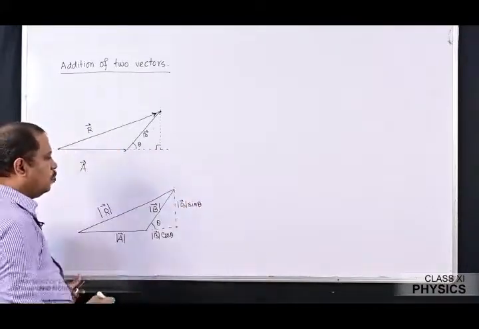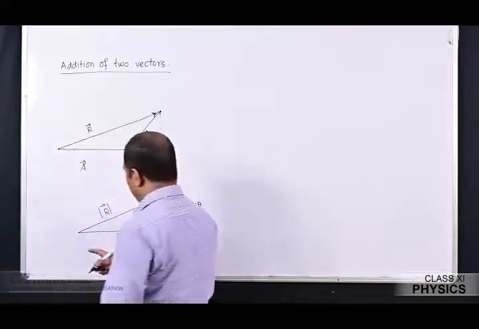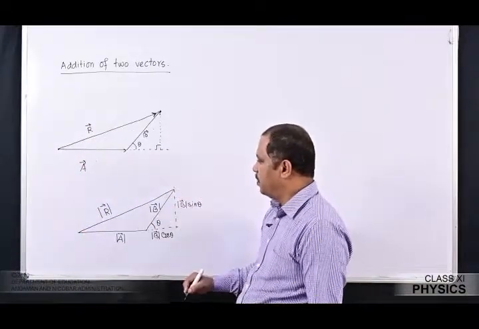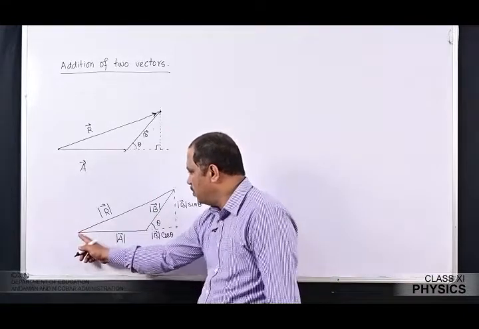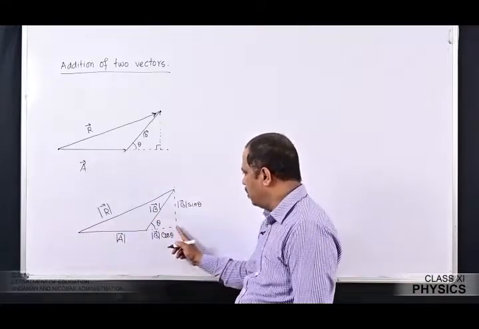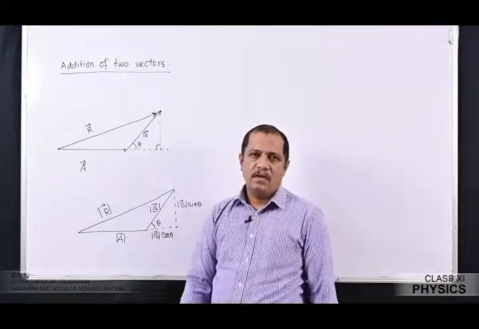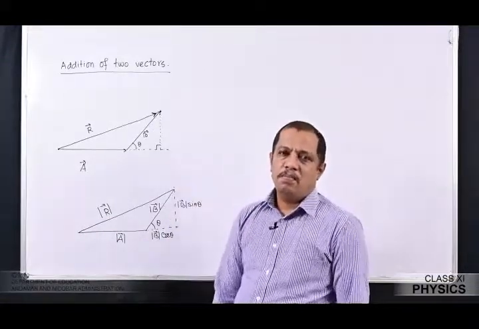I am interested in calculating the magnitude of this resultant vector. Looking at this diagram, this forms a right angle triangle, so I can use the Pythagoras theorem.